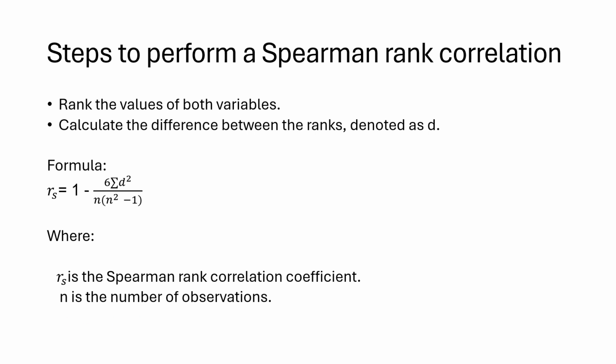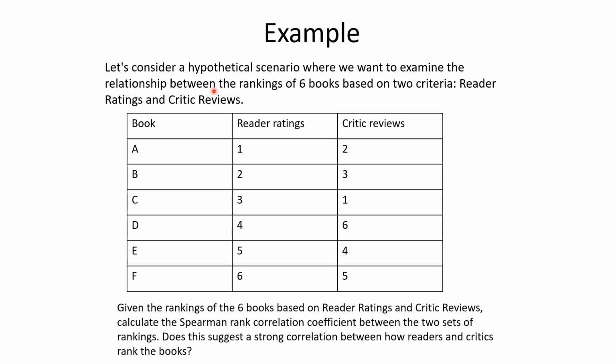So let's look at an example and see how to solve it. Consider a hypothetical scenario where we want to examine the relationship between the ranking of 6 books based on 2 criteria: the reader's rating and the critic review. There are different books, A to F, so there are 6 observations.